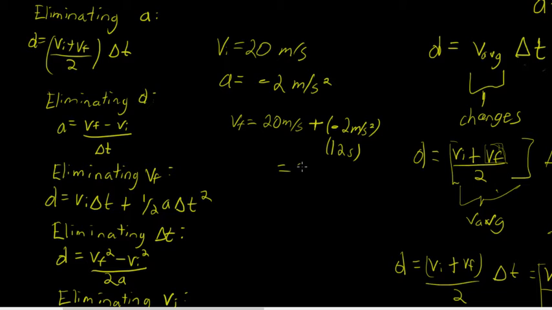So 20 minus 24, you'll be going at -4 meters per second. So this just means that you will have stopped and turned around, and you'll be heading in the direction opposite to that which you started at 4 meters per second.